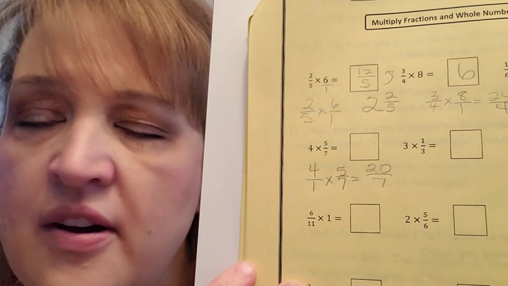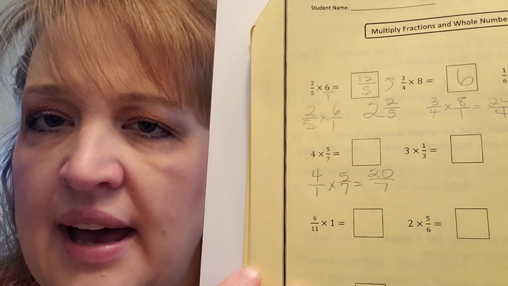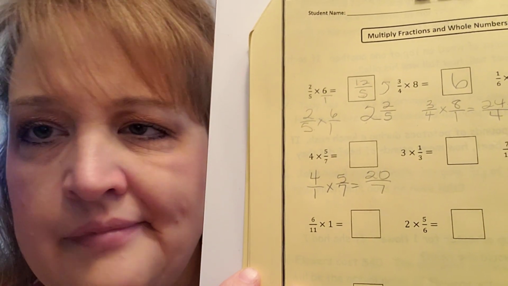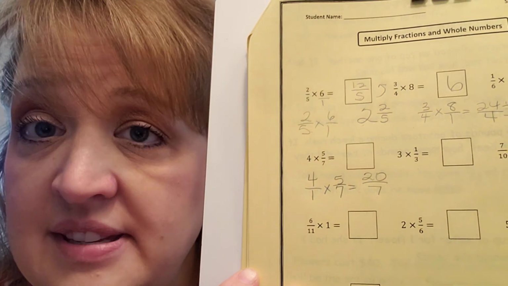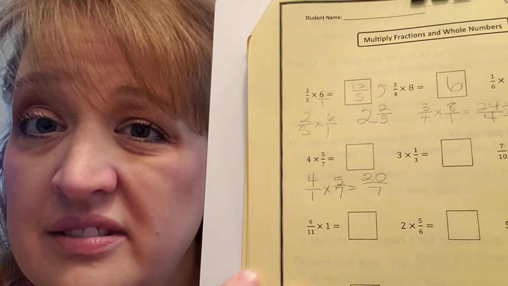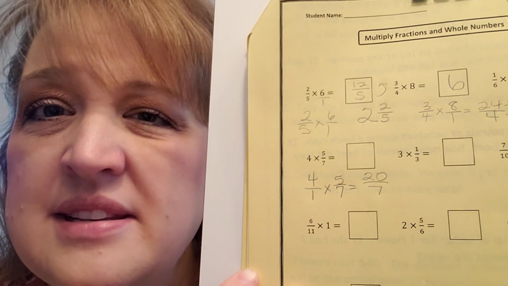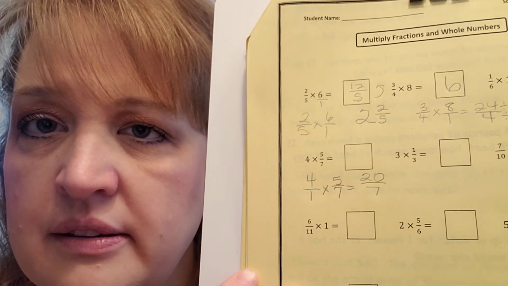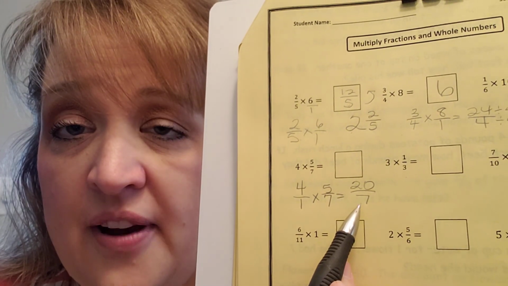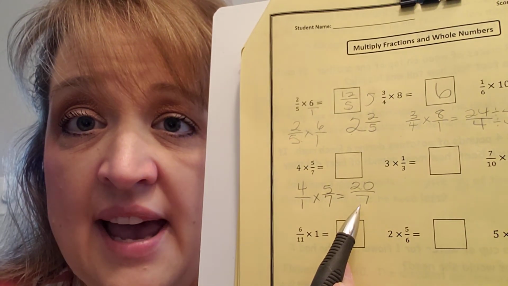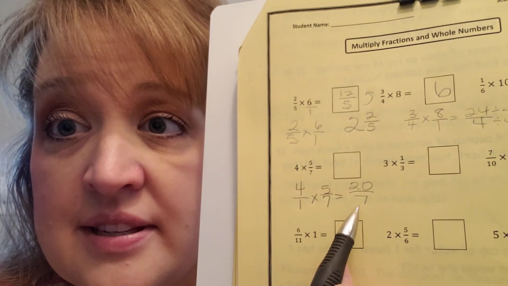All right, now, if I count by 7s, will I land on 20? I won't. So I know that I'm going to have to fix that. I'm going to have to divide. I'm going to have to find out how many 7s are in 20, because remember, this is not a proper fraction because proper fractions have big bottoms.